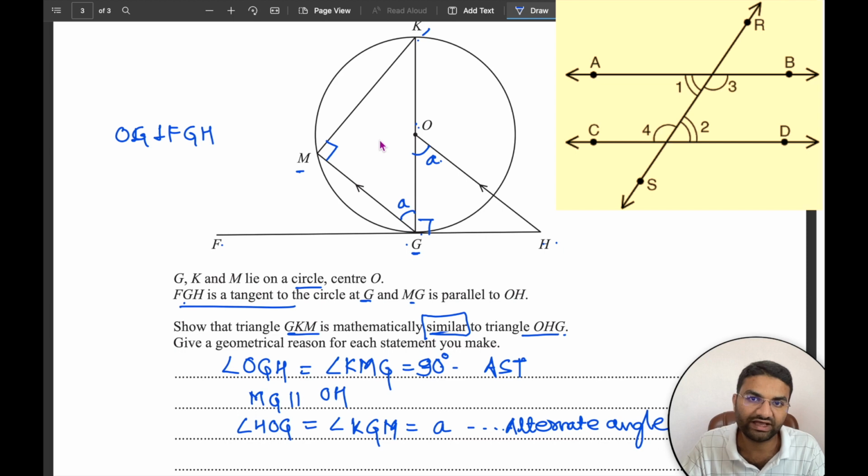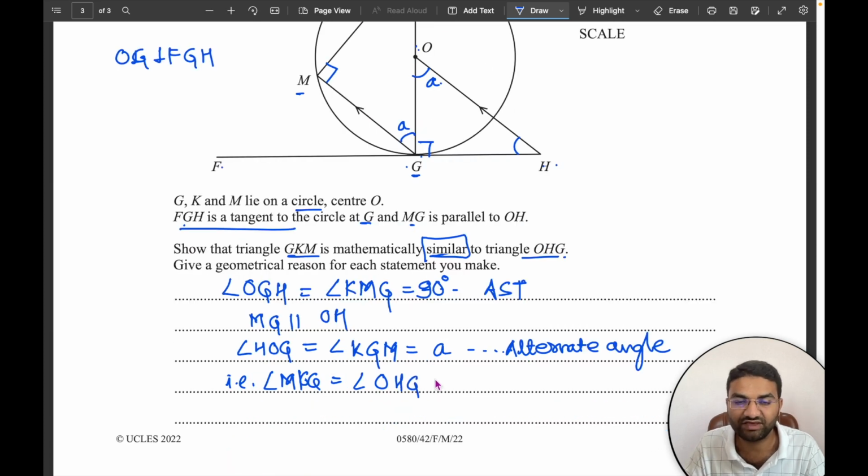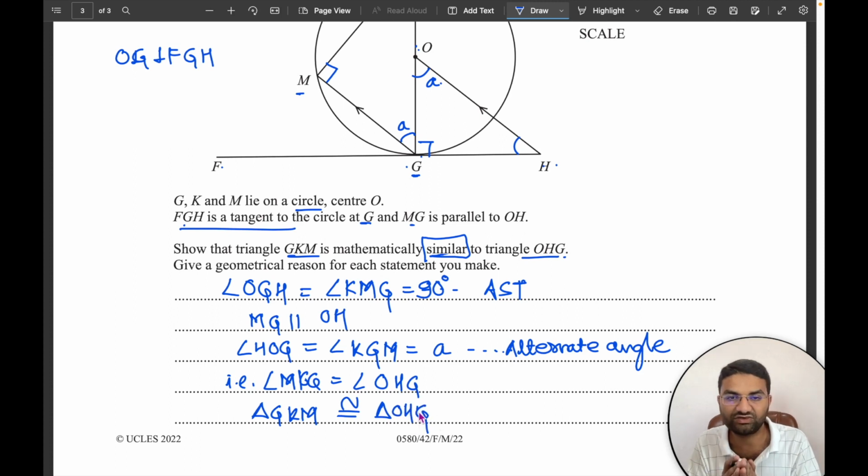You got these two angles, which means the third angle is also the same. So angle MKG is equal to angle OHG. So that's why these two triangles, triangle GKM and triangle OHG, are similar. That is how you have to explain it, and this is a 4-mark question, so you have to explain it like this.